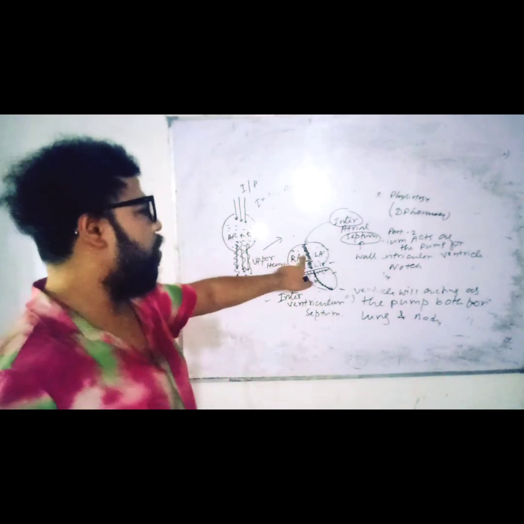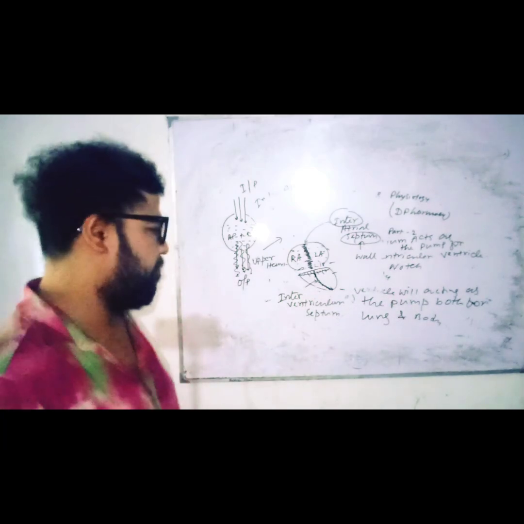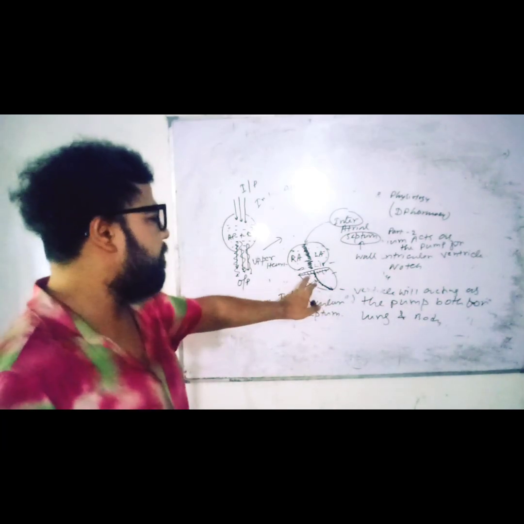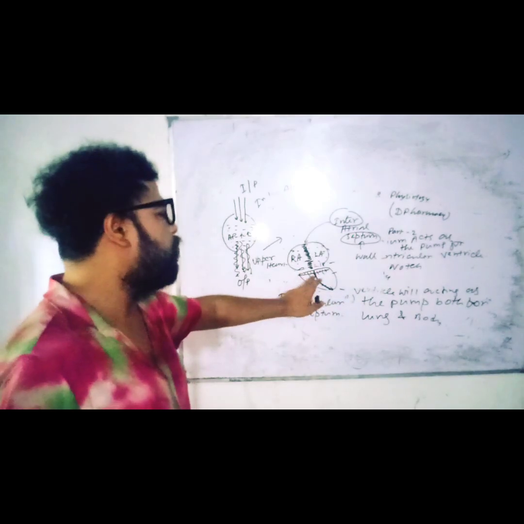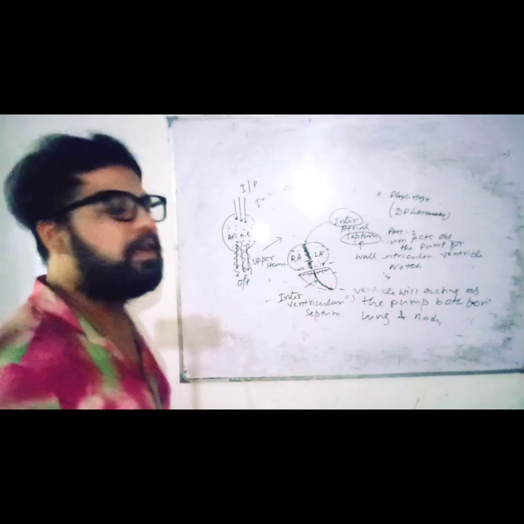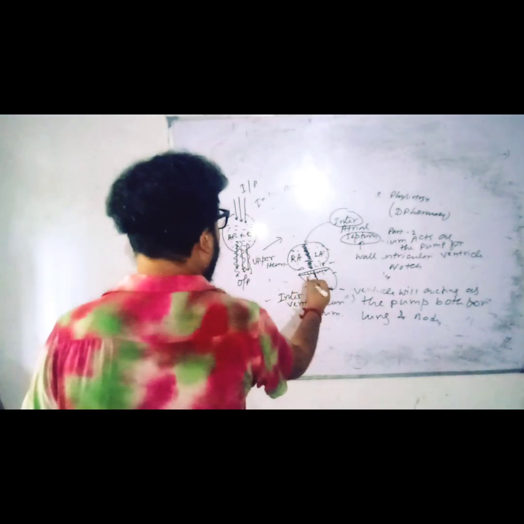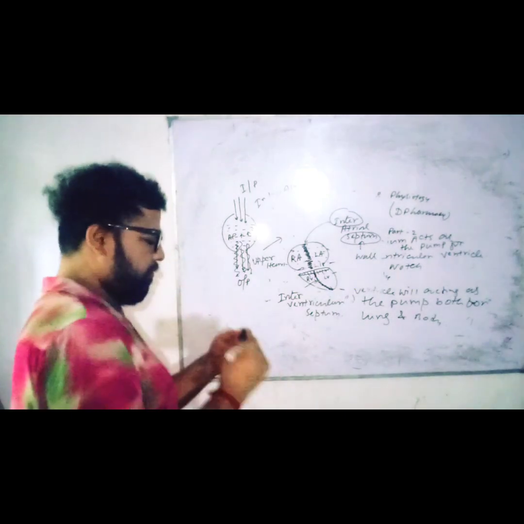This is interarterial septum, this is interventricular septum. This interventricular septum divides the whole ventricle into two classical chambers. On the right side, this is the right ventricle. On the left side, this is the left ventricle.